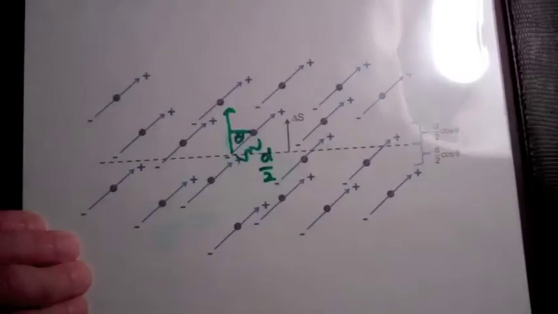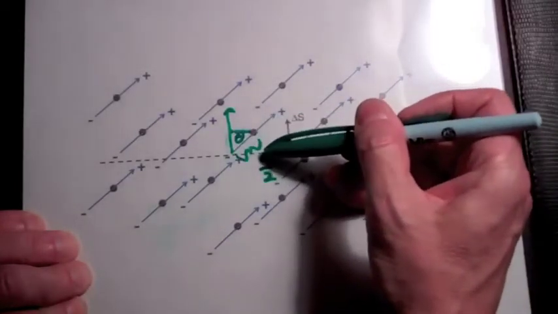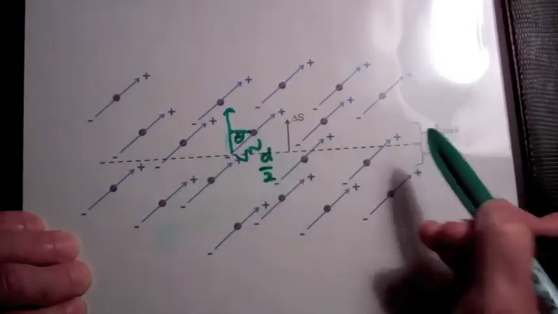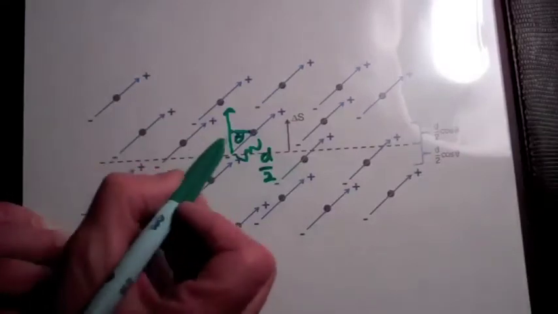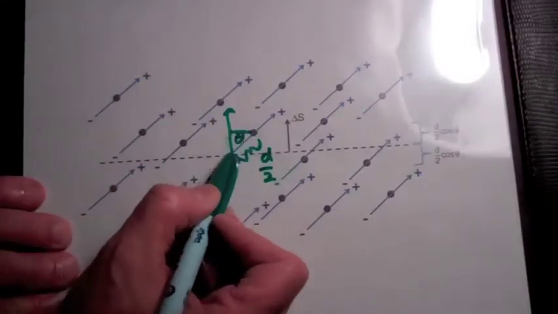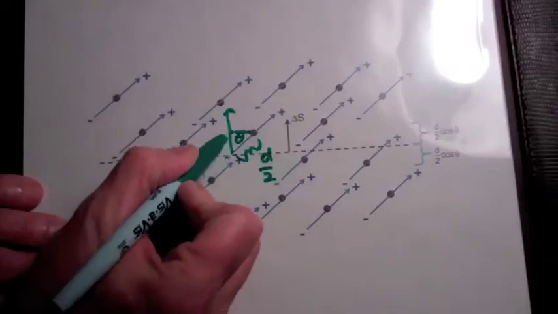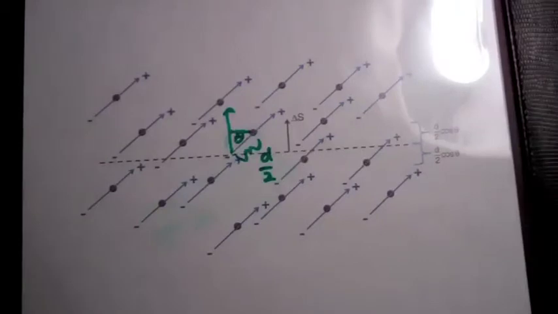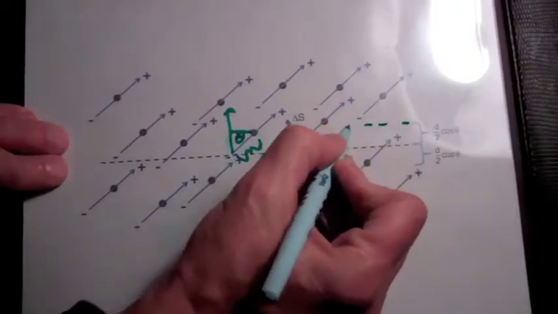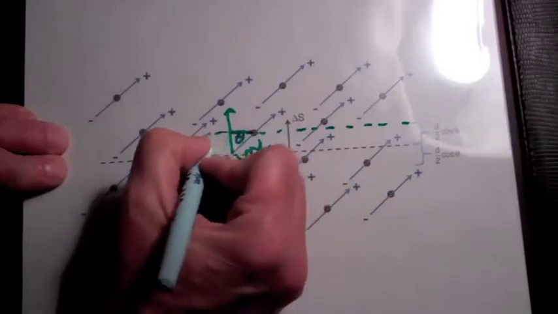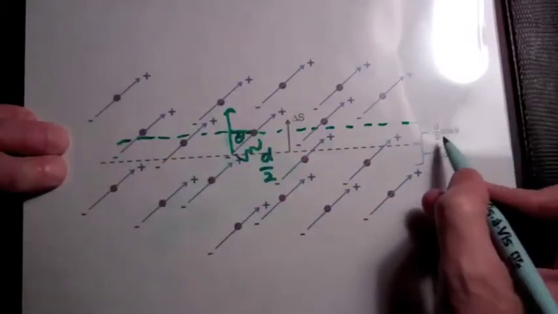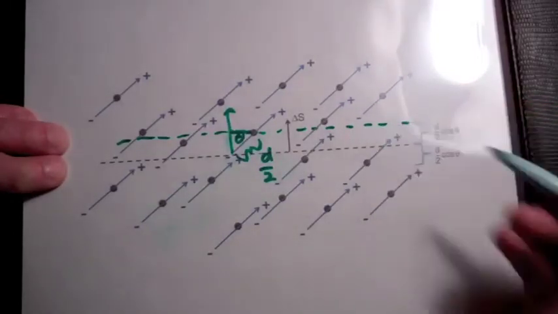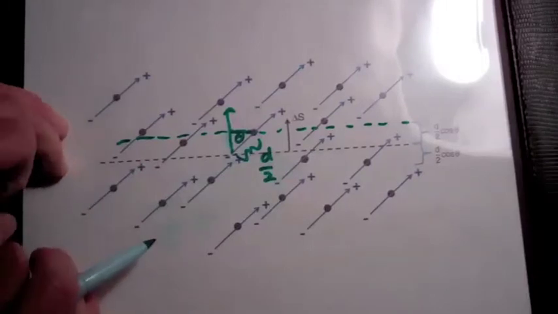So the amount of movement of the negative charge down towards our differential surface element delta S is not d over 2, which is the hypotenuse of this triangle, but this side of the triangle, which is going to be d over 2 times cosine of theta. So only atoms within a distance d over 2 cosine of theta, or within the volume d over 2 cosine of theta delta S, will result in negative charges moving down through our delta S surface element.